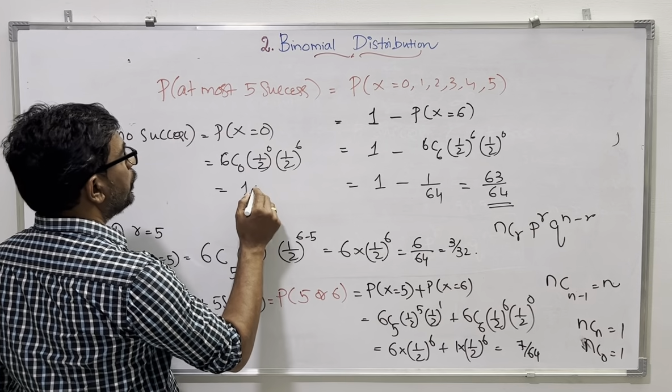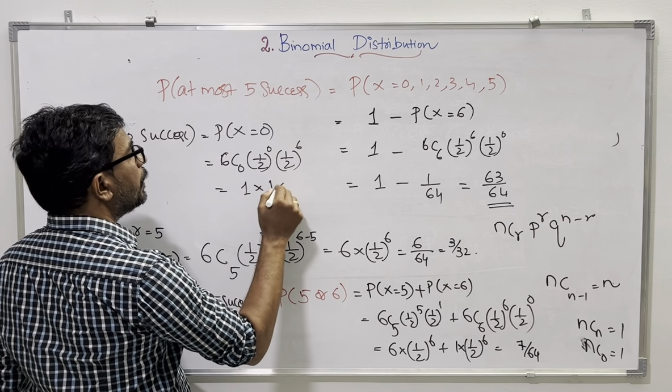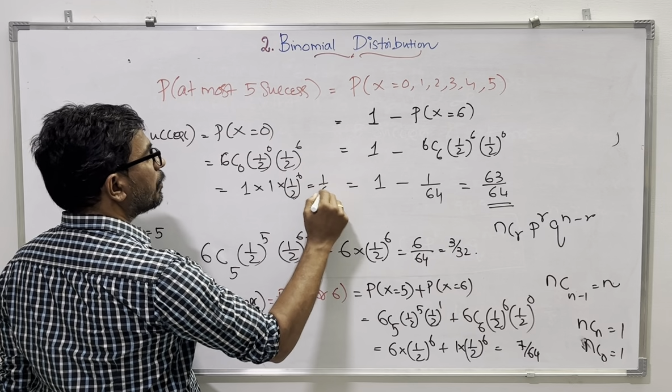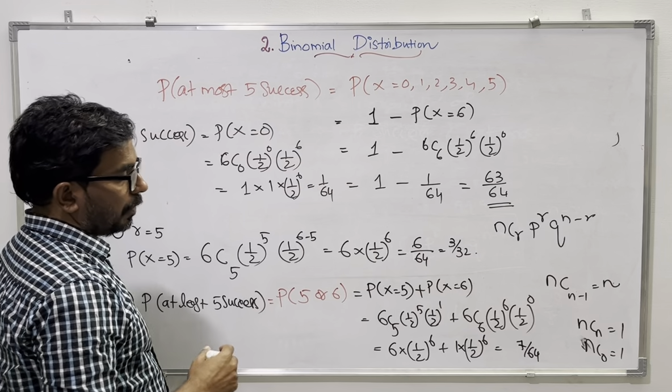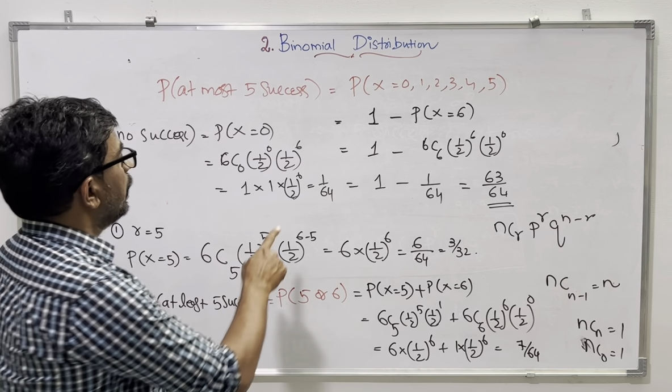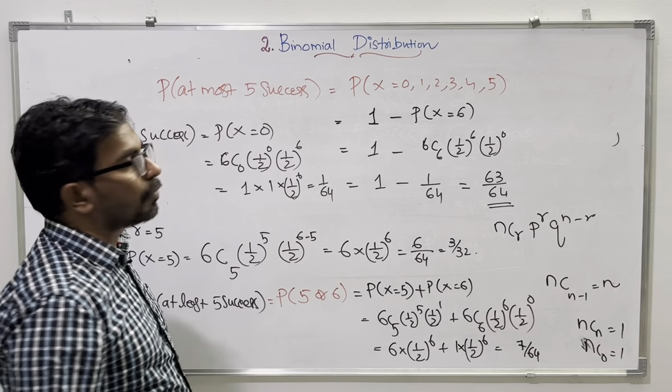So this is 1 into 1 into 1 by 2 to the power 6, that is 1 by 64. So we got the answers to these 4 questions.